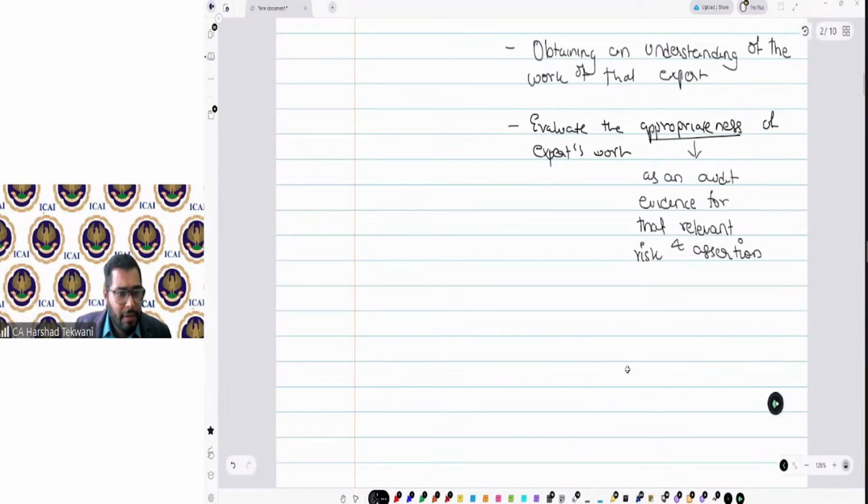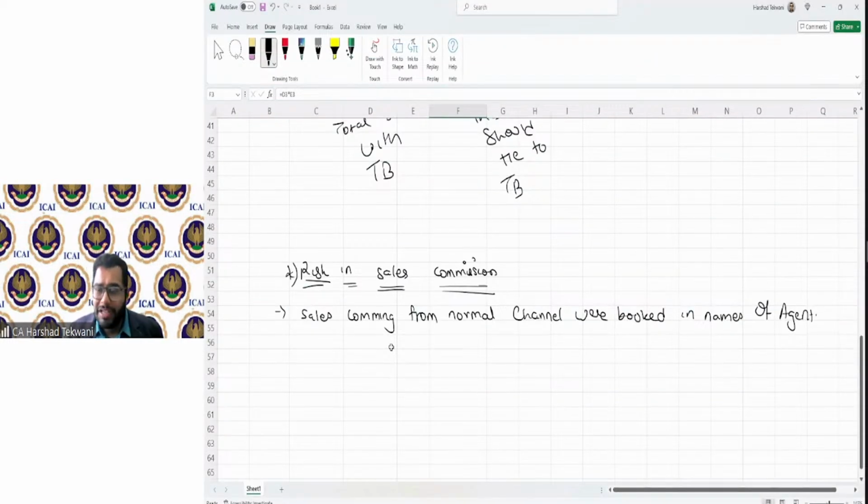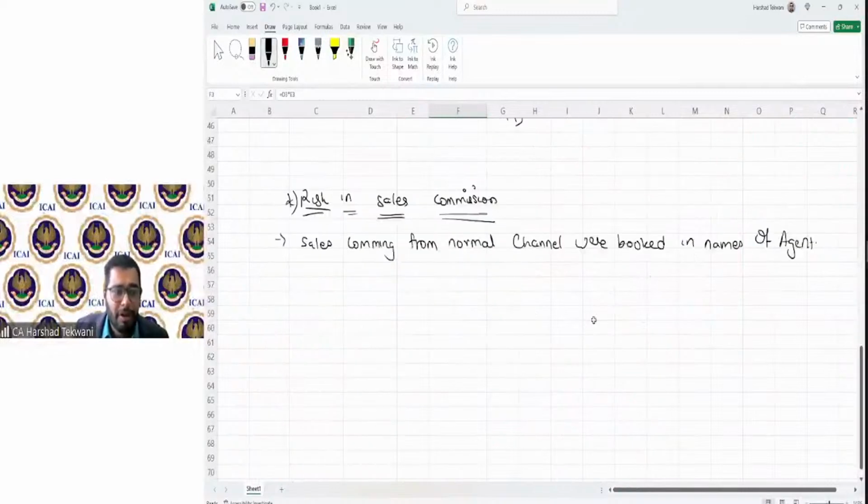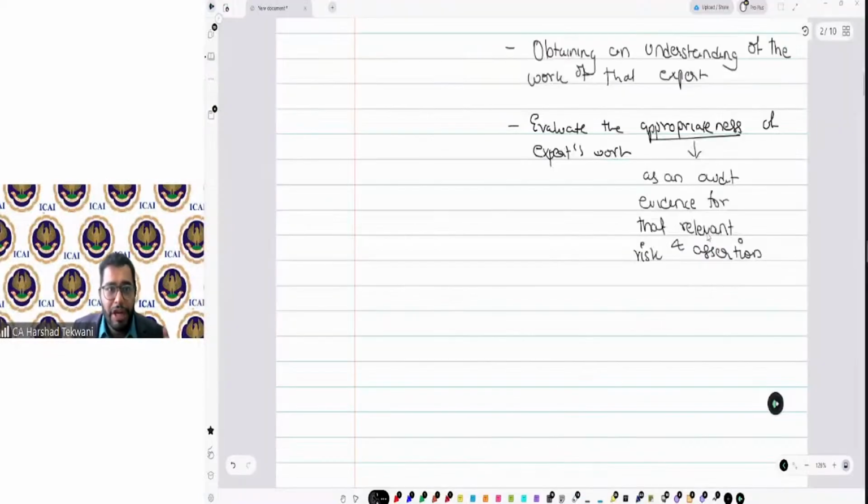So in this case, the risk is that sales coming from normal channels were booked in the name of agents. Now the working will never ever give me comfort on this particular risk. So I need to evaluate the appropriateness as an audit evidence for that relevant risk and assertion, not only the work that is performed by the expert.